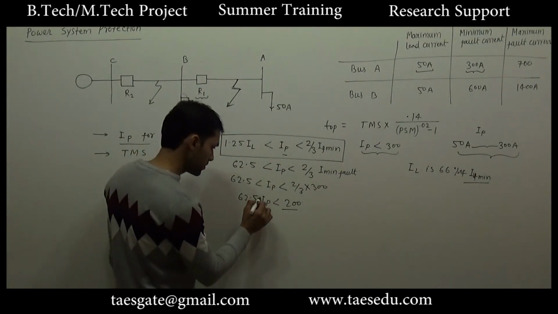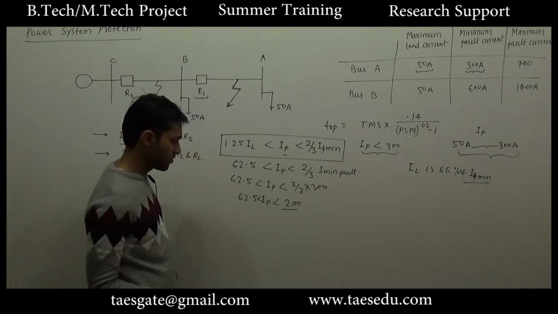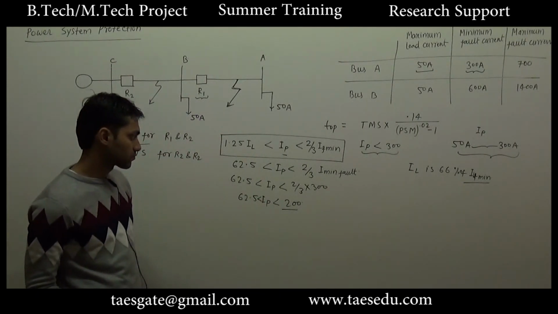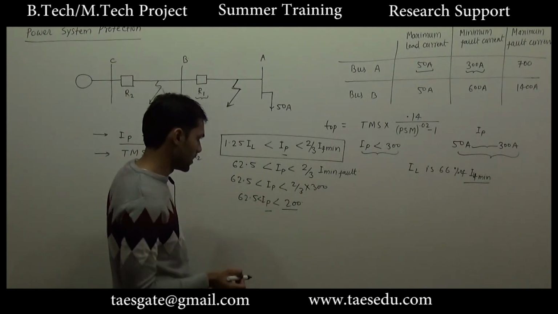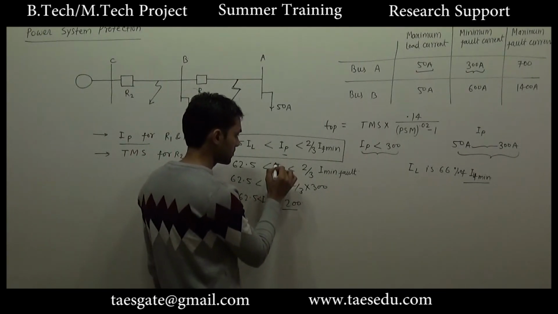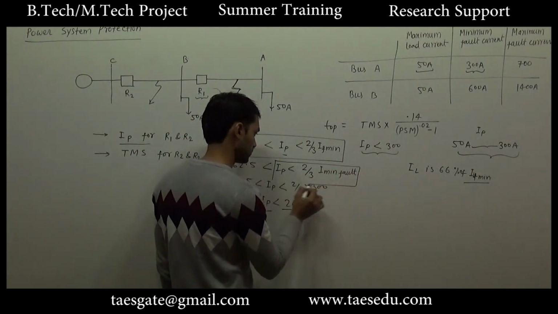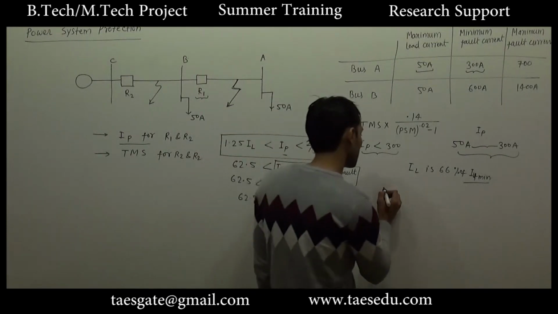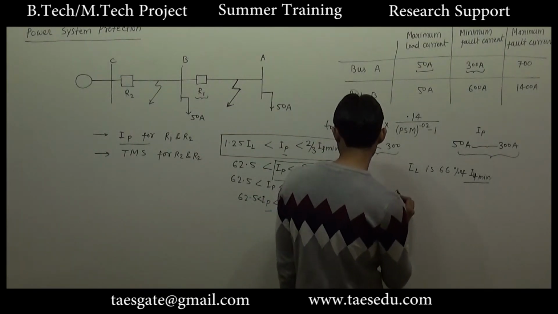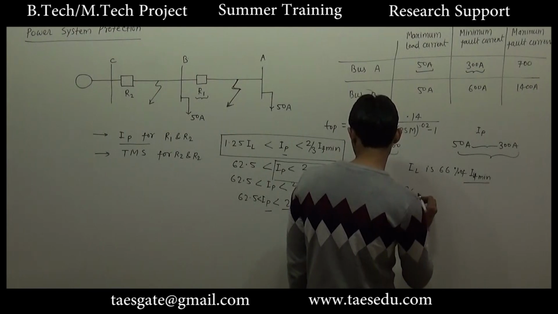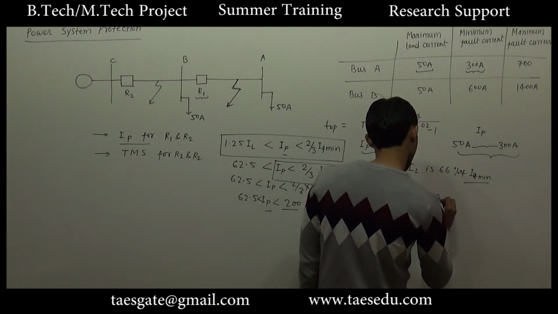So IP should be greater than 62.5 and less than 200. Before choosing the value of IP, let us again discuss this part. IP must be less than 2 by 3 of the minimum fault current.